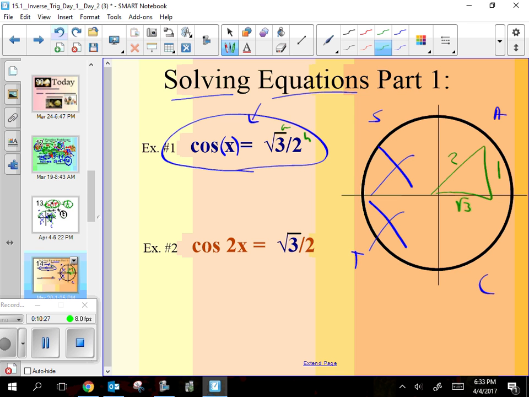That's a 1. That means, oh, this is a 30-degree angle, also known as pi over 6. So one of my answers is x equals pi over 6. My other answer is down here. And if I know this is pi over 6, then this is a whole bunch of pi over 6s. How many pi over 6s? Not 12 pi over 6, but one less than that. 11 pi over 6.